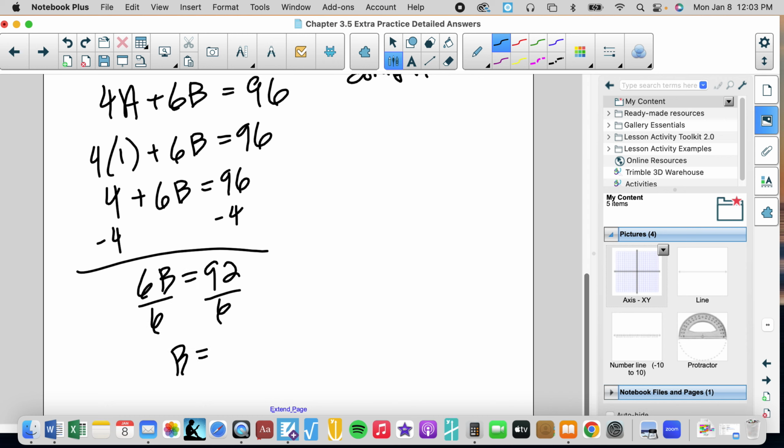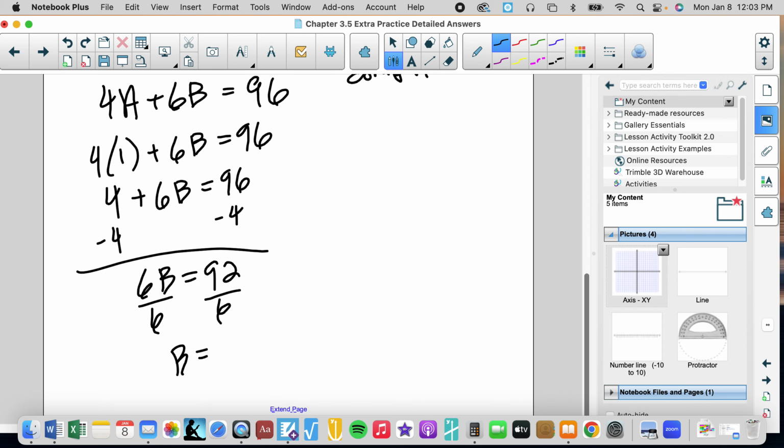We get b equals, and what do we notice here? 92 divided by 6 is not going to be a whole number. It's 15 and 1/3. Well, you can't send a partial group. So I can't do that. There will be people left over.